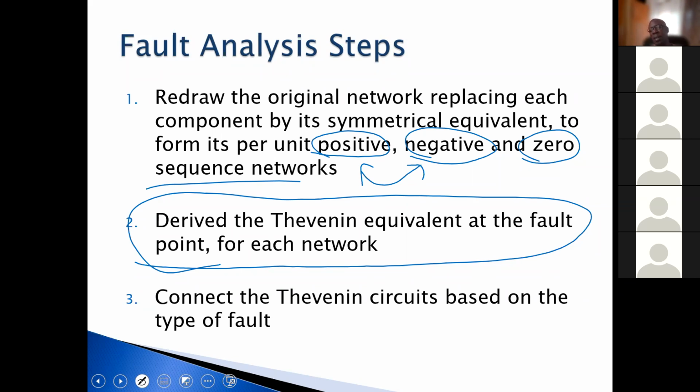The zero and the negative would all be reactances. So it's usually very simple. And this is where you would apply all the principles that you would have learned in networks, whether it is converting delta to star, doing your series parallel, quickly writing your impedance equations. That's where these things would be important.